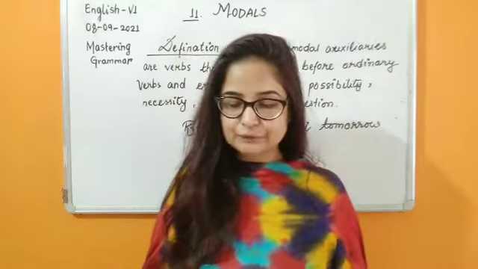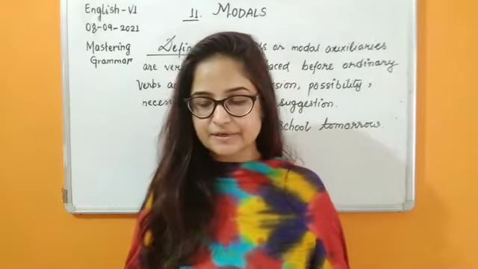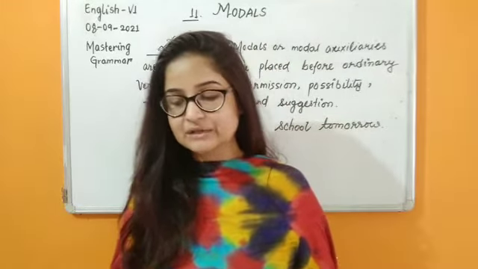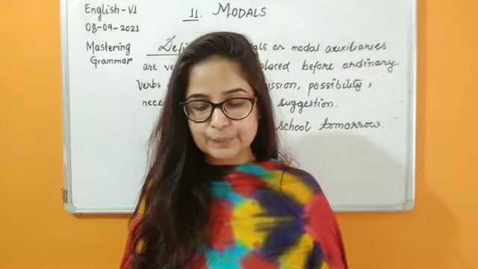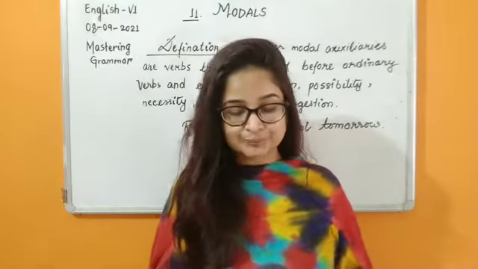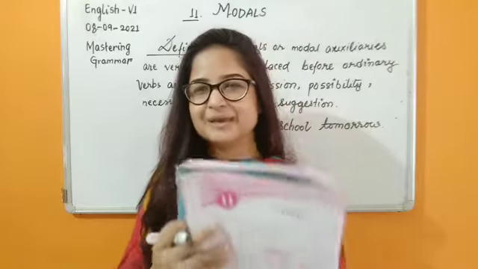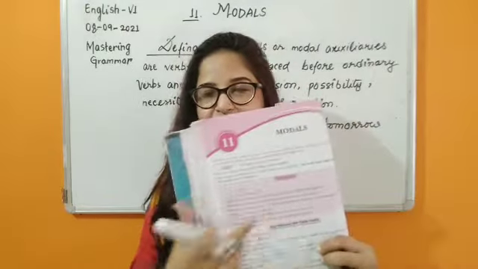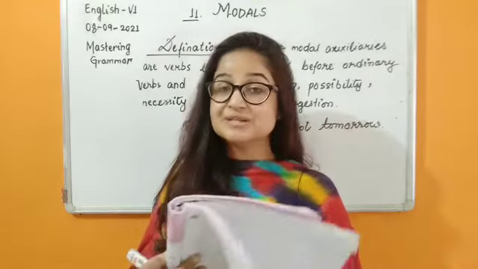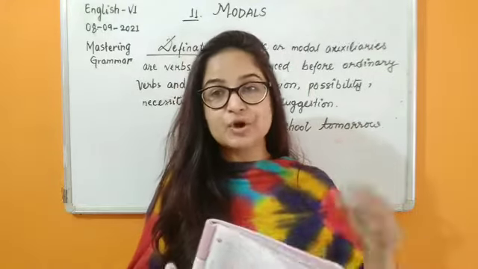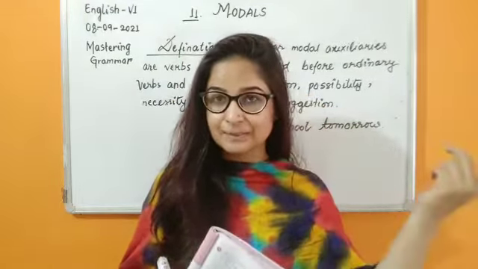Some examples of modal verbs or modal auxiliaries are as follows: can, could, may, might, shall, will, would, must, and ought to. Now there are these features of pink boxes there, you know, like in every chapter there is a summary, there is a gist. So modals are verbs. Yes, you should not mistake them as any other parts of speech.